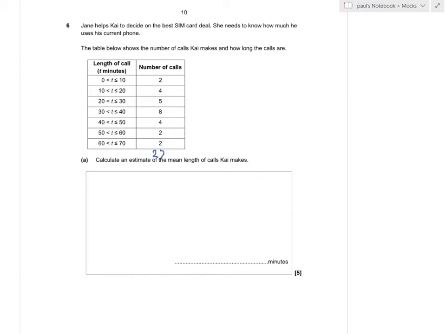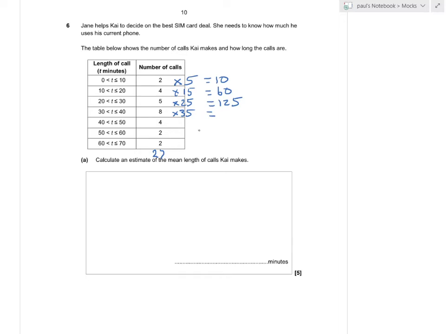Now we take the midpoint of that, which is 5, and multiply it by that, so it equals 10, and the midpoint is 15 equals 60, and the midpoint of that is 25 equals 125, and the midpoint of that is 35.